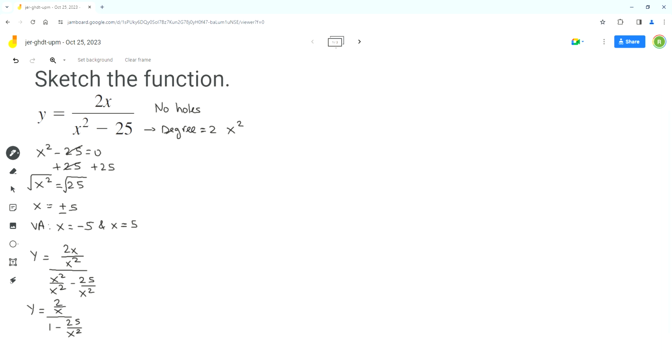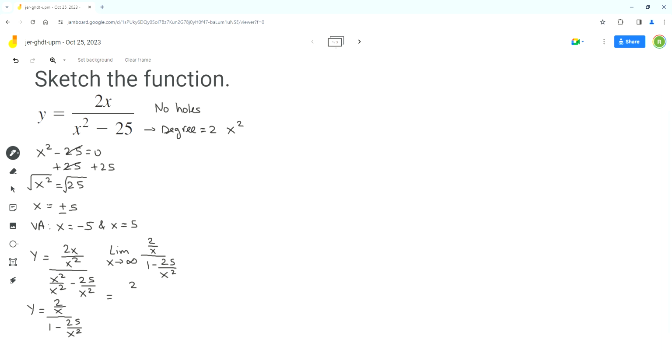Now we can evaluate the limit as x approaches infinity for this expression to get the horizontal asymptote. So we do the limit as x approaches infinity of 2 over x over 1 minus 25 over x squared. Now we can apply the limit.